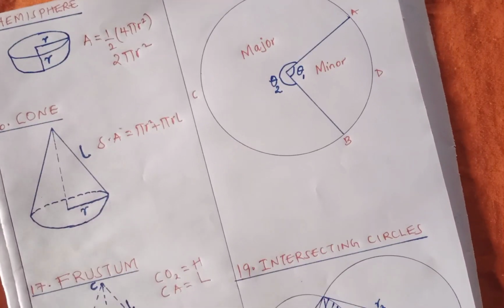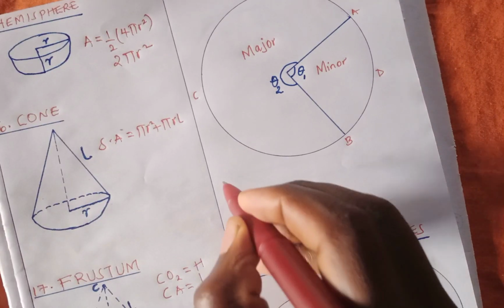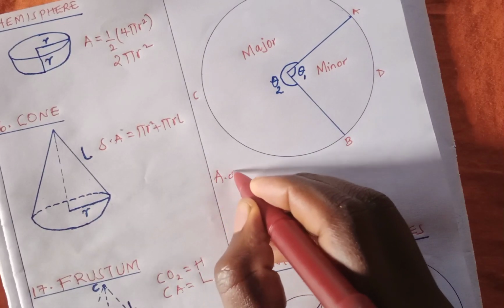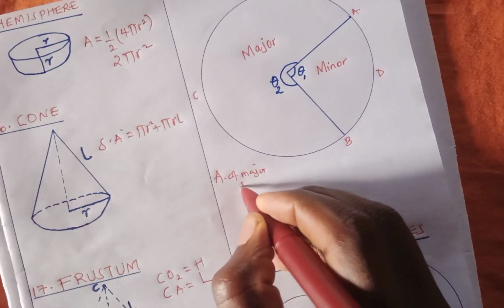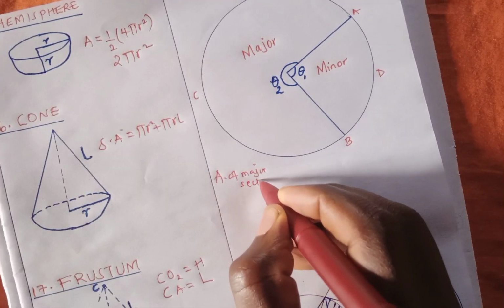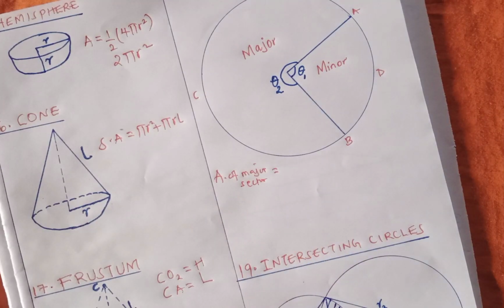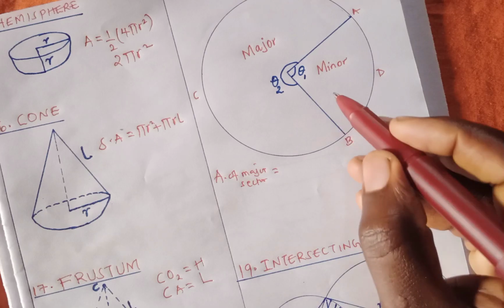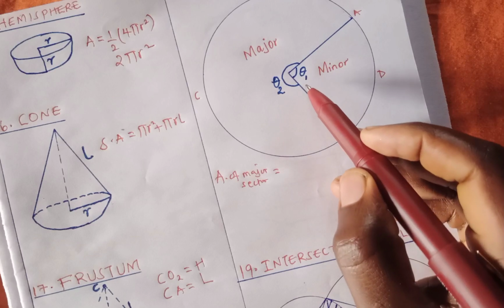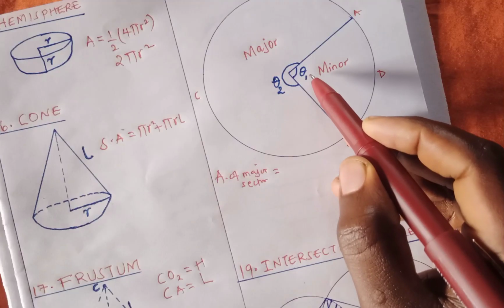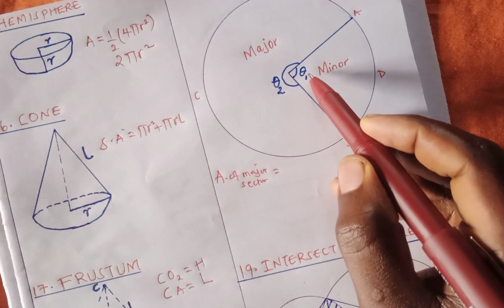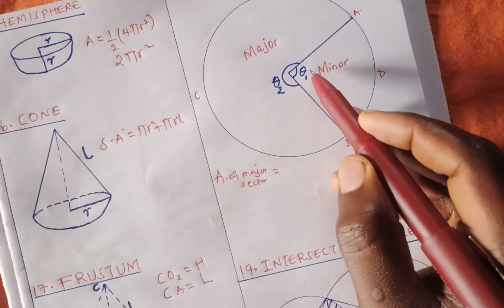So if you want to work out the area of the major sector, you will be forced to say the area is in fact theta 2 over 360 pi r squared. I want to assume that you will be given an angle here in the form of theta 1, the angle that you've been given.